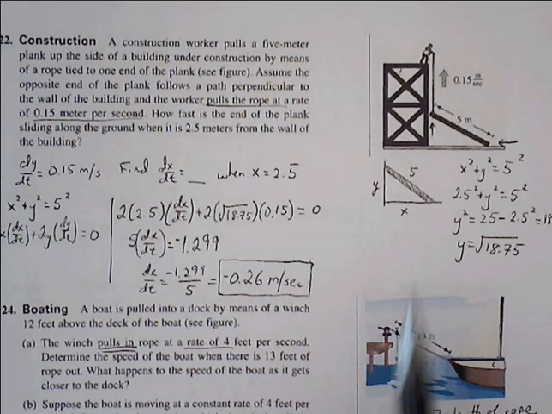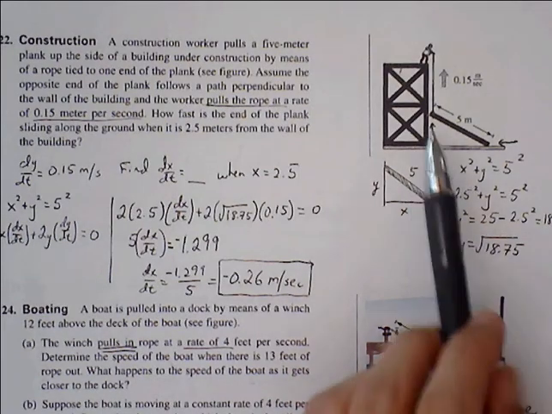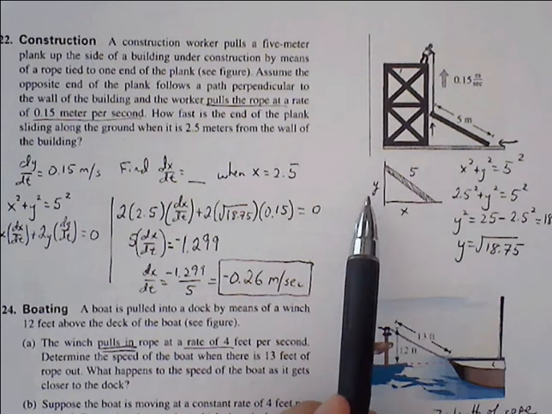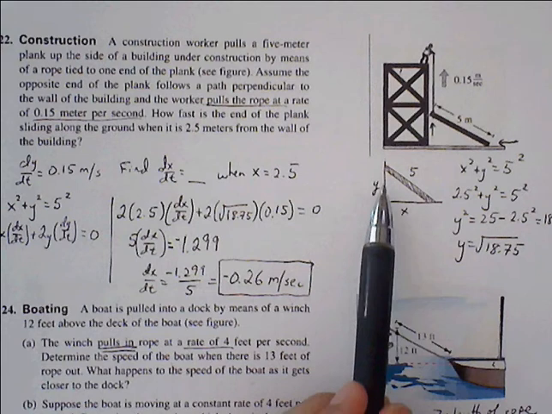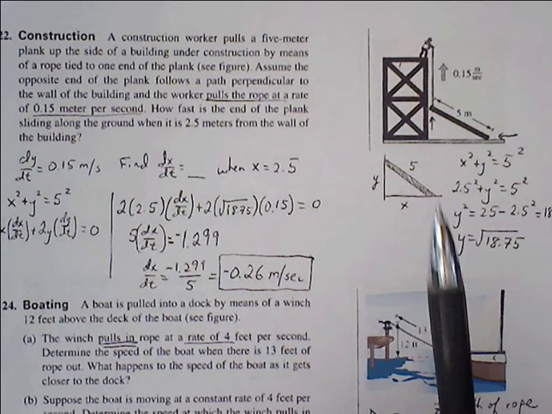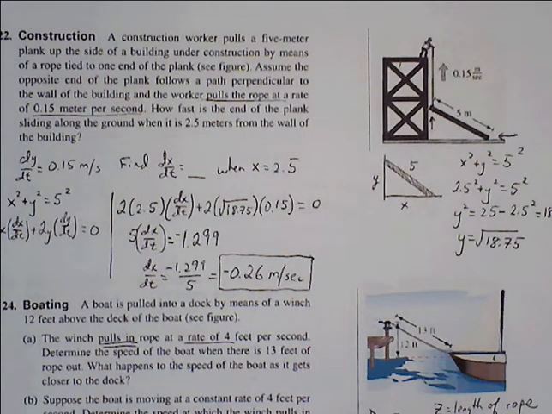We see a right triangle here, right? And let's think about what's happening to the vertical and the horizontal length of this triangle as the worker is pulling the plank up.